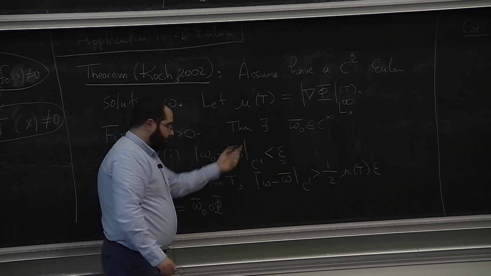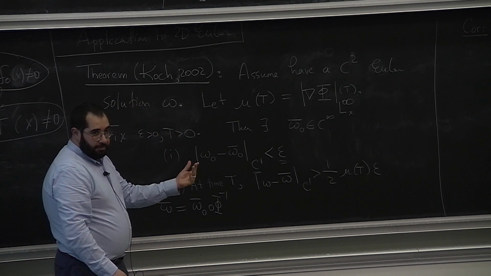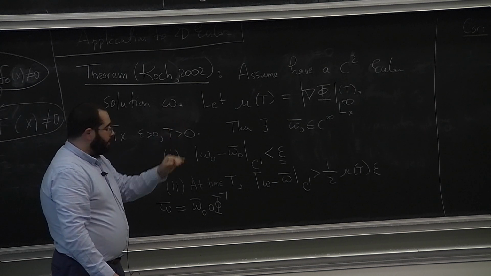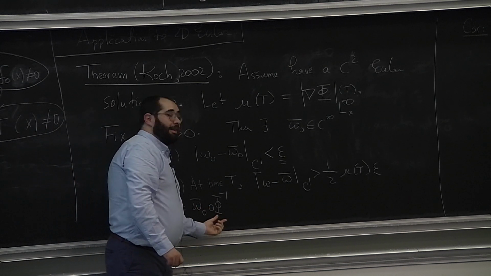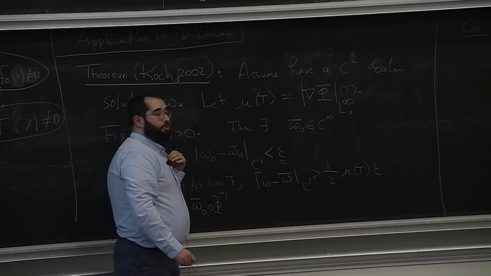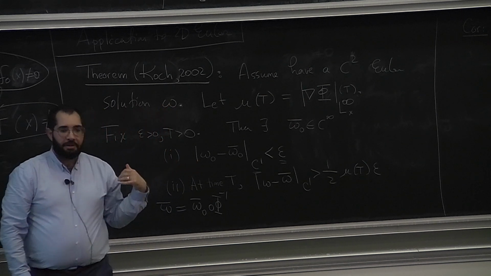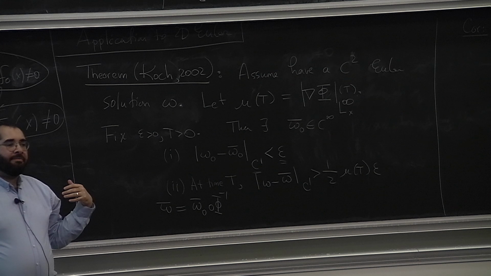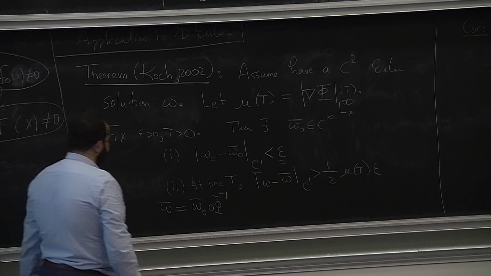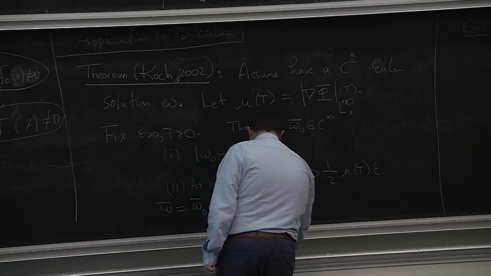Does that make sense? So if they're essentially the same in C1 half, if the difference is effectively 0 in C1 half, then the trajectories will be exactly the same. Then you can just apply what we did in the linear transport. Is that clear for everybody? Okay, so it'll be clear when I prove it, if it's not clear now.